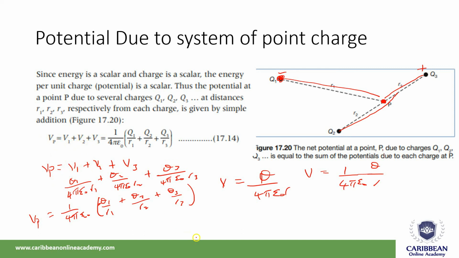Since V is equal to 1 upon 4 pi epsilon naught times Q upon R, you could factor out this value because it is constant, and then find the net electrical potential for a particular system.